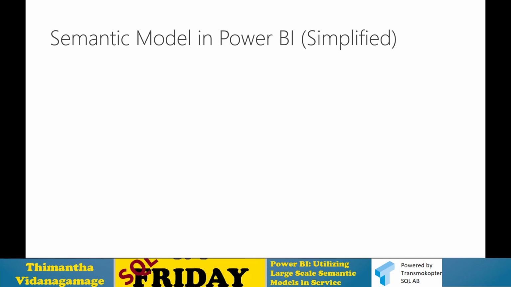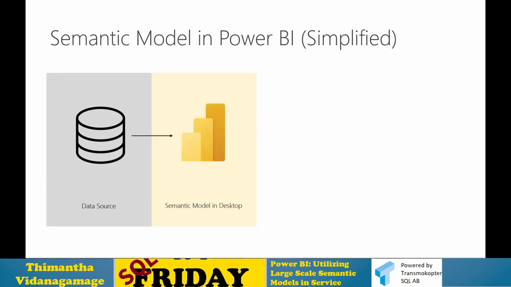Firstly, a semantic model will be built in Power BI desktop with reference to a respective data source or multiple data sources. This data source can be simply anything that you see under the Power BI connectors in Get Data. It can be simply anything out of all those connectors that you see there.